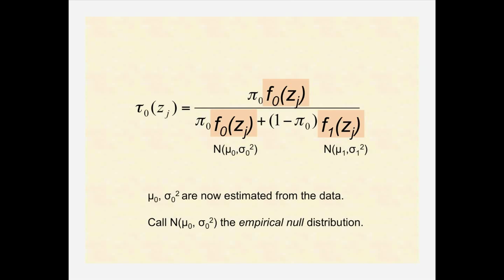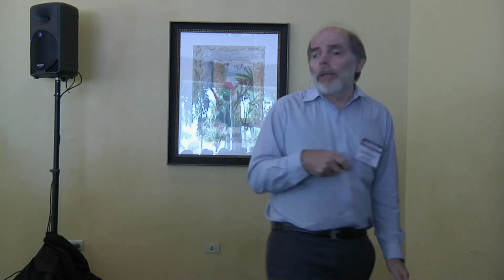Instead of taking this to be a normal 0,1, we're going to take it to be a normal with a mean and a variance we're going to estimate from the data. This seems great, in a way, and for a lot of data sets it works okay, but for some particular data sets there's not enough information in the data set, because you've got the identifiability problem.